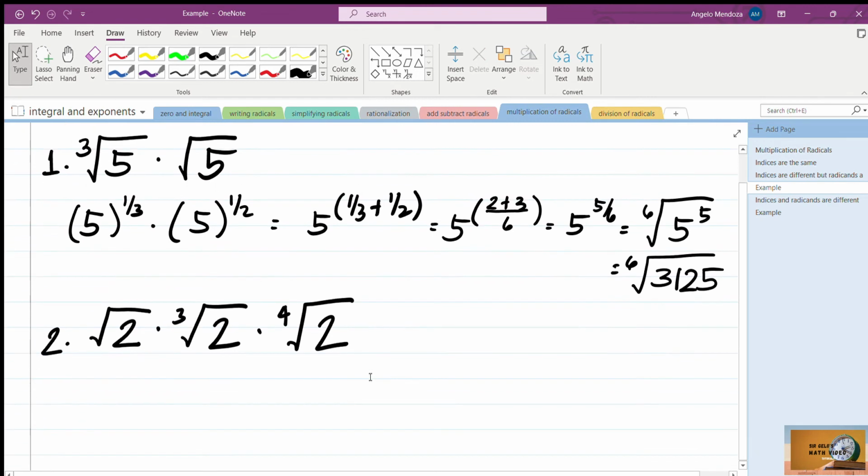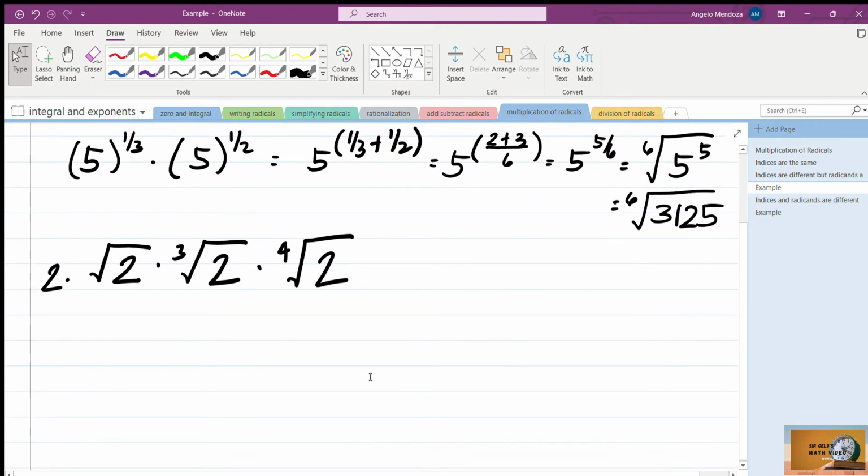Next, number 2. We have the square root of 2 times the cube root of 2 times the fourth root of 2. So again, we're going to rewrite these radicals into fractional exponents. Square root of 2 is 2 raised to 1/2, 2 raised to 1/3, then 2 raised to 1/4.